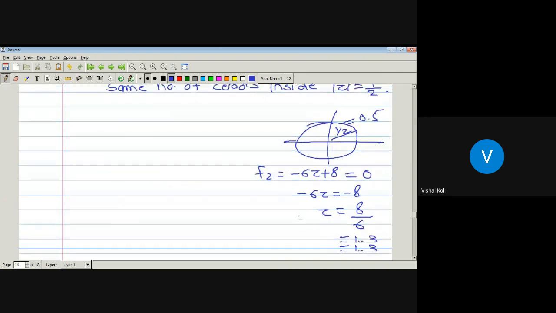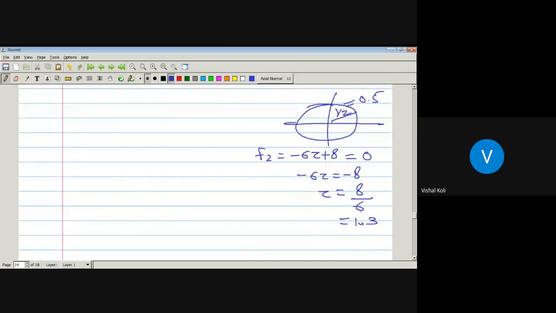So f2 has one zero, 8/6, which is outside this circle, since the circle has radius 1/2 and 1.3 is obviously greater than 0.5. Therefore f2 has no zero inside |z| = 1/2.